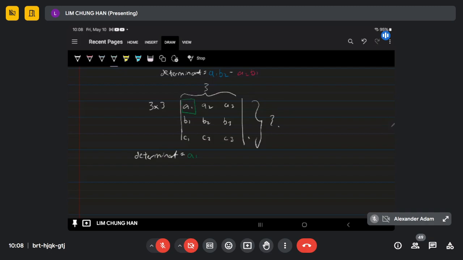And then the matrix that it's going to multiply with will be B and C, like this. Okay, next. You copy this. Unfortunately, I have to erase it, otherwise it's going to get too complicated.